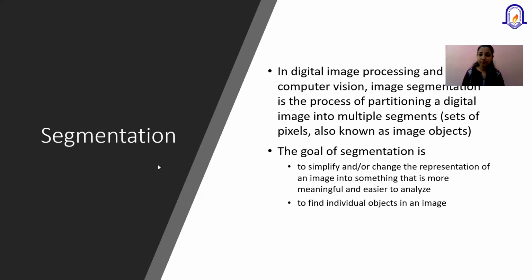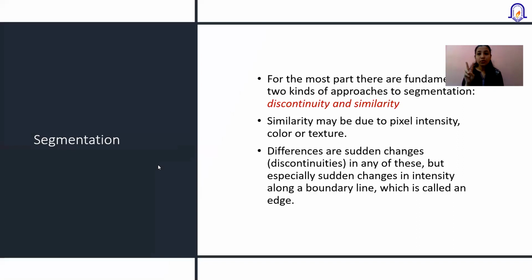Is it clear? So basically, segmentation is a process where you divide your image, and it is based on two parameters. Either you will detect the edge or you will detect the object.